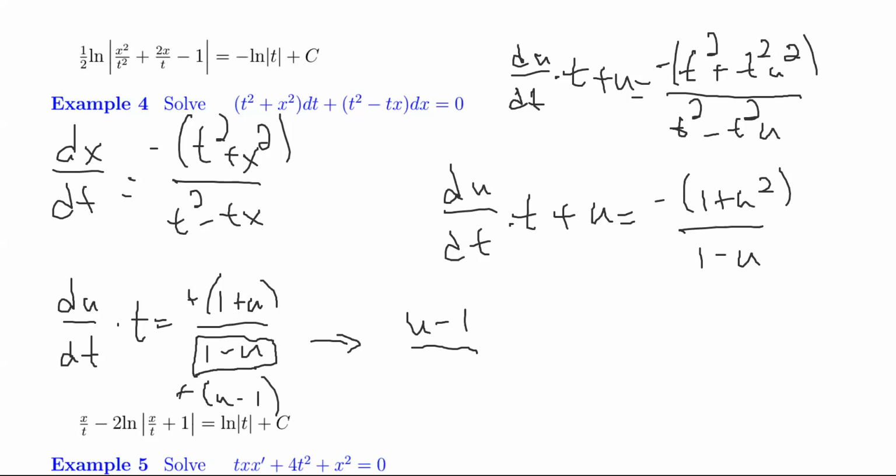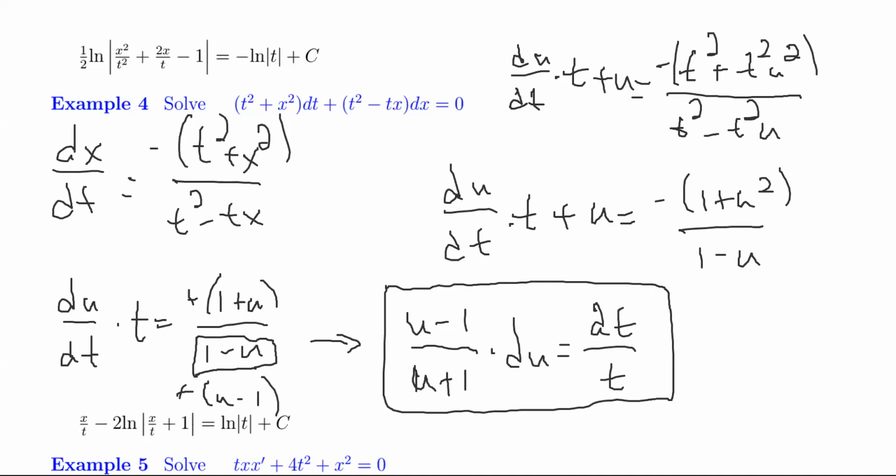And now we have u minus 1 over u plus 1 times du is equal to dt over t. All right. And so this is the equation with our variables separated.